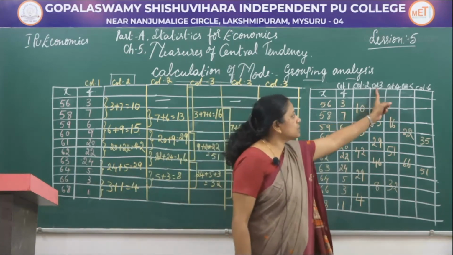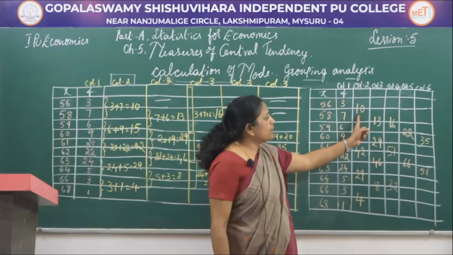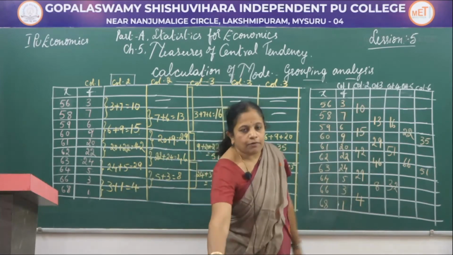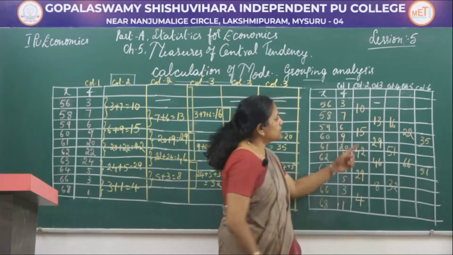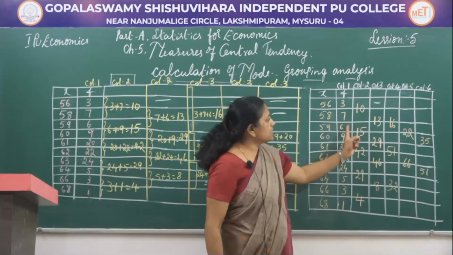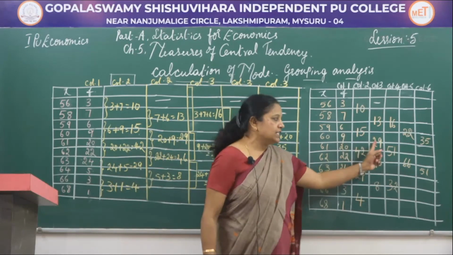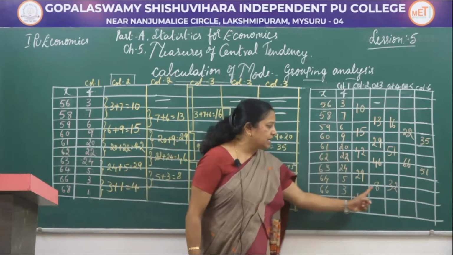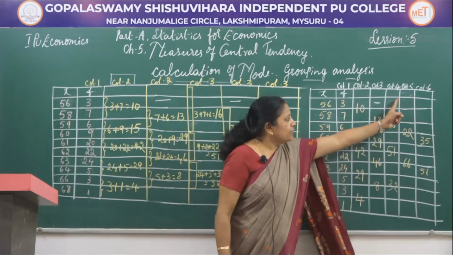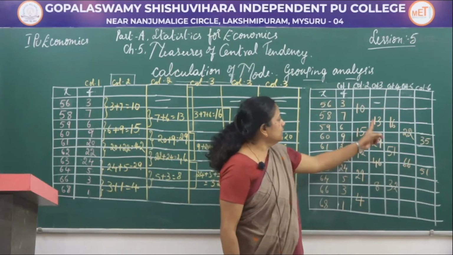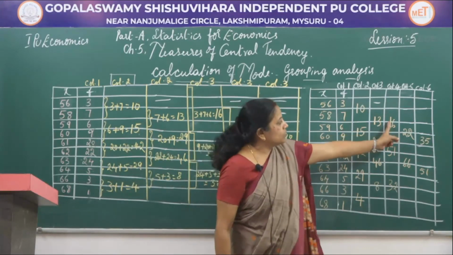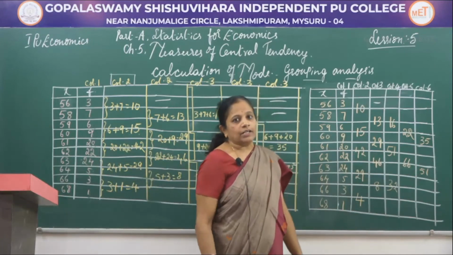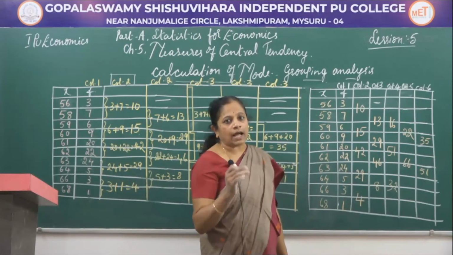In column 3 we have the numbers which start from the second number, that is, we have left the first value and it starts from here. 7 plus 6 is 13, 20 plus 9 is 29, 24 plus 22 is 46, 5 plus 3 is 8. And then in the fourth column we have written the three values. From this fourth column onwards, the values are added in threes.